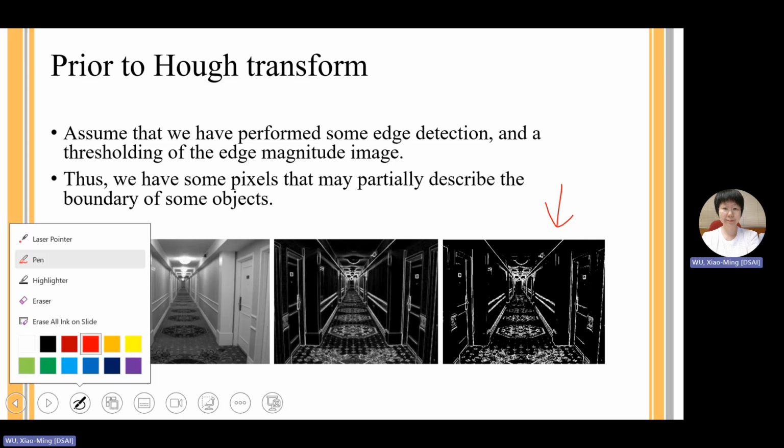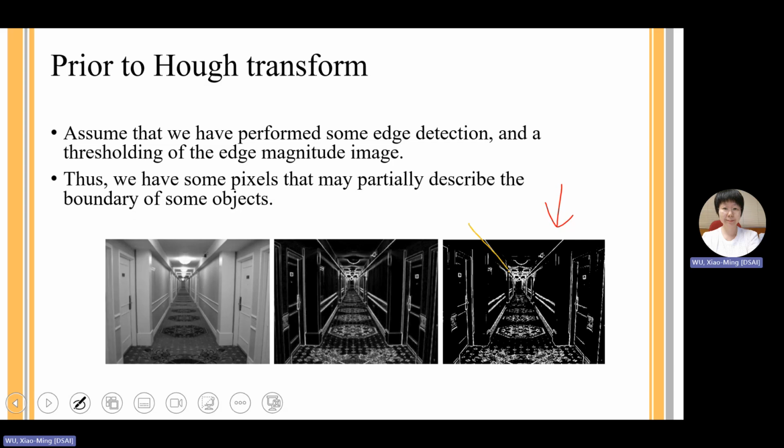For example, for this line, on the edge map this line is described by a set of pixels, but we do not know the equation of this line.